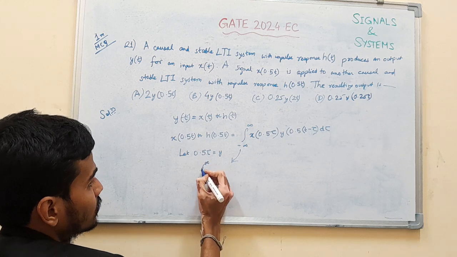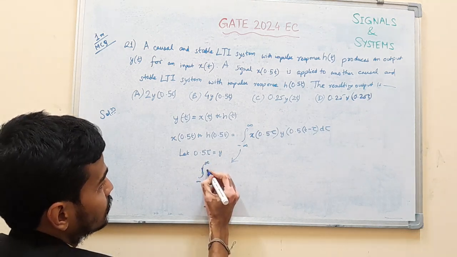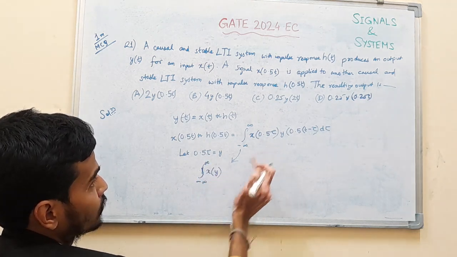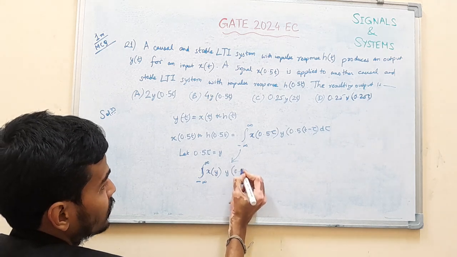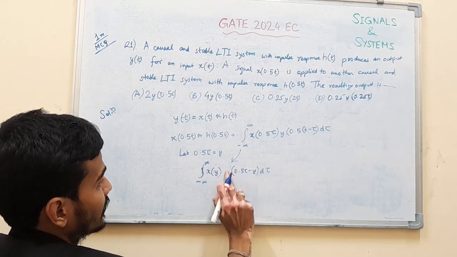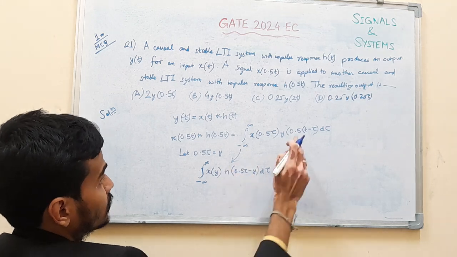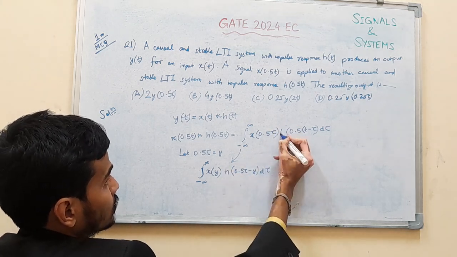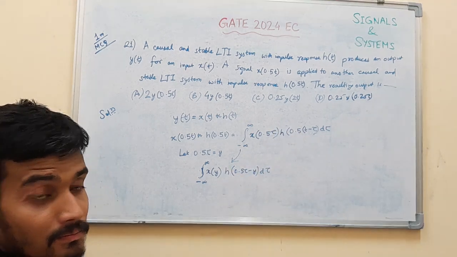It will be x of 0.5 tau, h of 0.5t minus 0.5 tau.